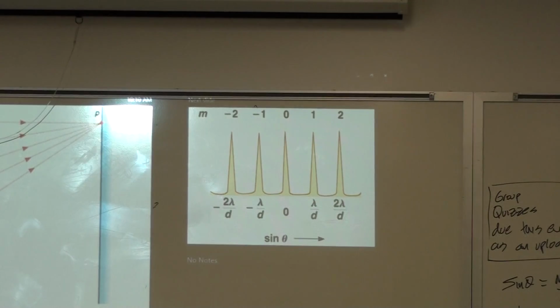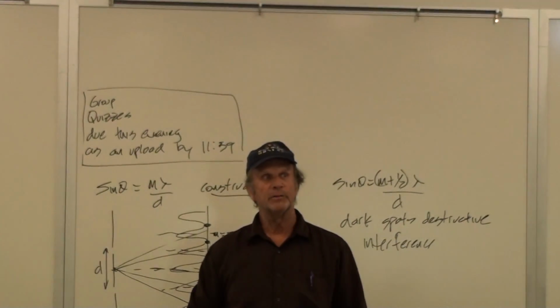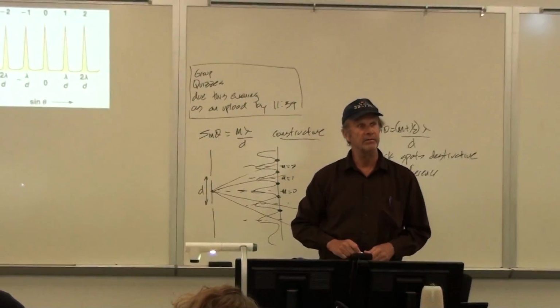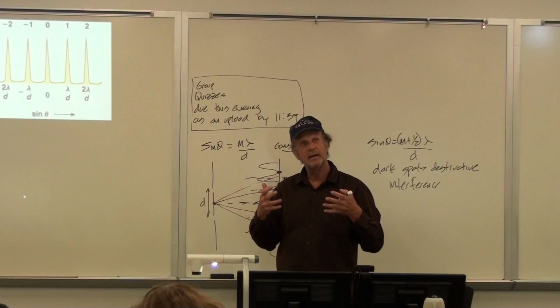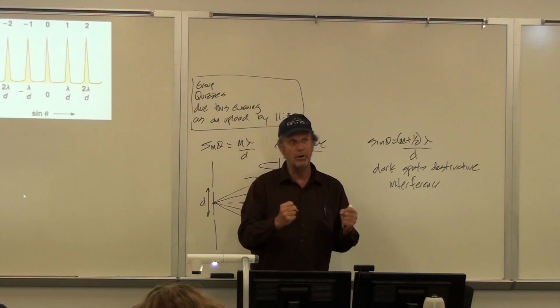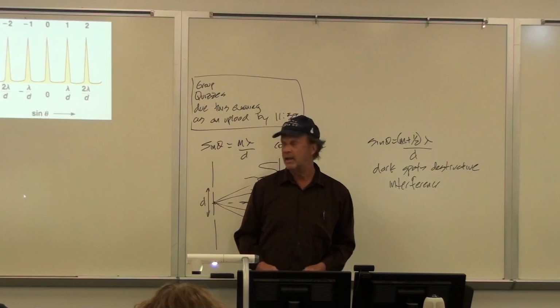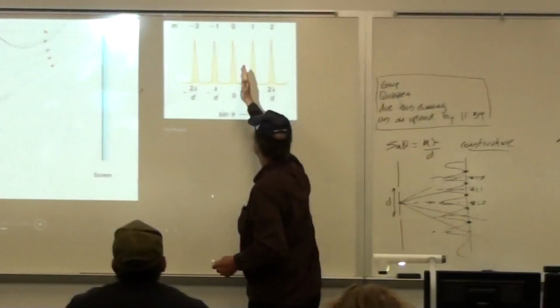We might have, and this is more general, a source that has many different spectral components to it. And so that's the whole basis of spectral analysis. You take the light and you analyze it by breaking it up into its individual component wavelengths.